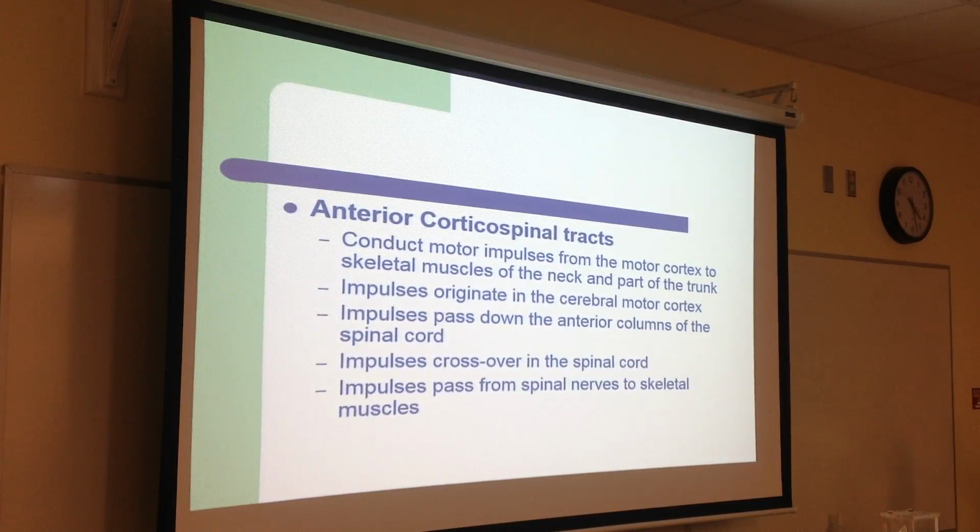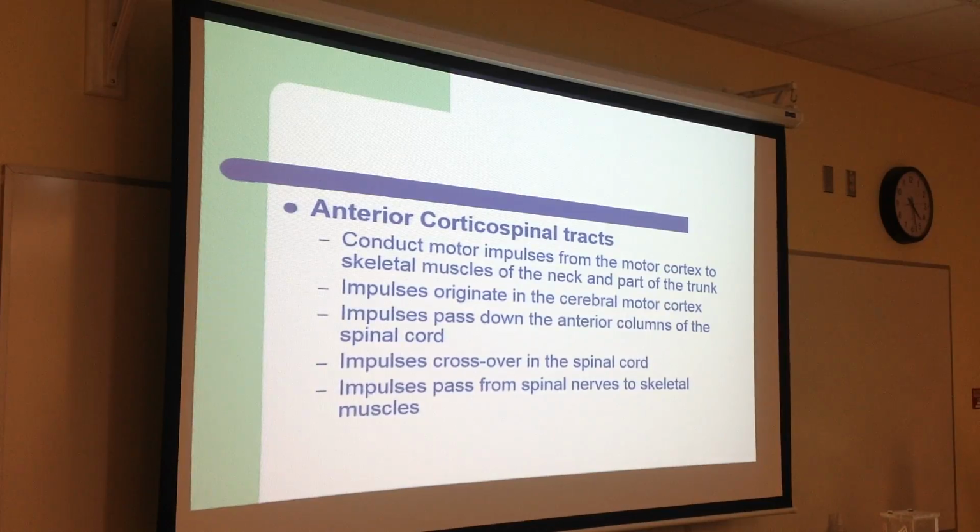And once again, since we're wanting to innervate muscles to get them to move, we're going to cross over in the cord and go to the anterior gray horns, where we're going to synapse with a motor neuron cell body that's going to then carry the impulse out to the appropriate muscles.